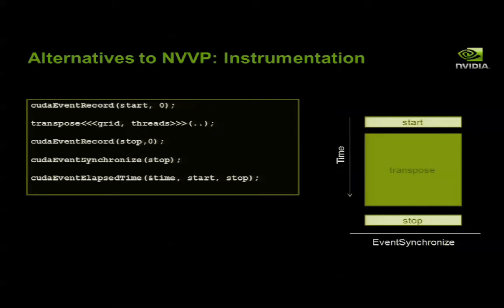You can put an event into a stream, we call it the start event, and you can put a stop event into it. And then there's a function to compute the elapsed time between two events. So that's a mechanism to measure the time that was spent in a kernel within your application.